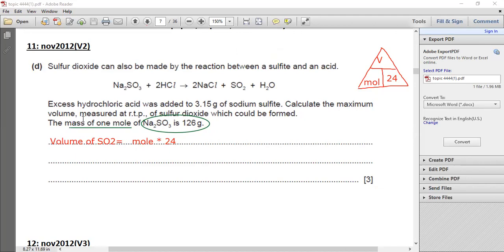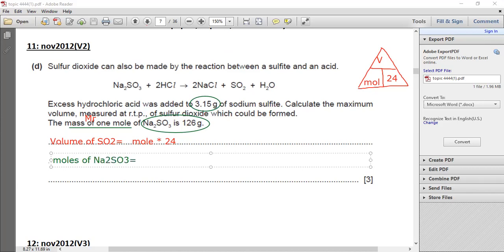The MR. I have the MR of Na2SO3 and I have the number of grams of sodium sulfite. Mole ratio, yes, but first let us calculate the moles. First of all, find the moles of sodium sulfite from the first triangle. Moles equals mass divided by MR.